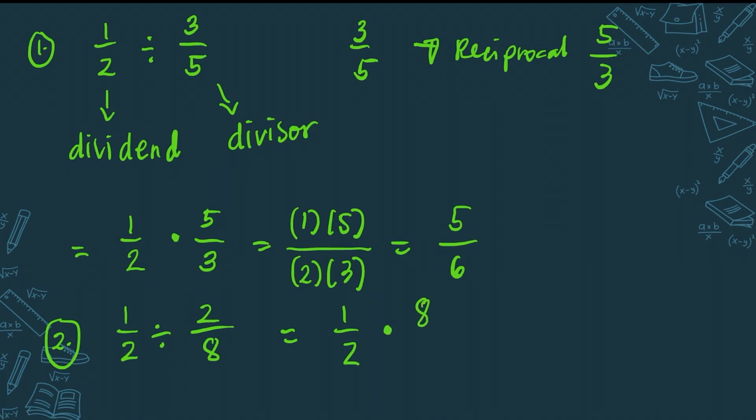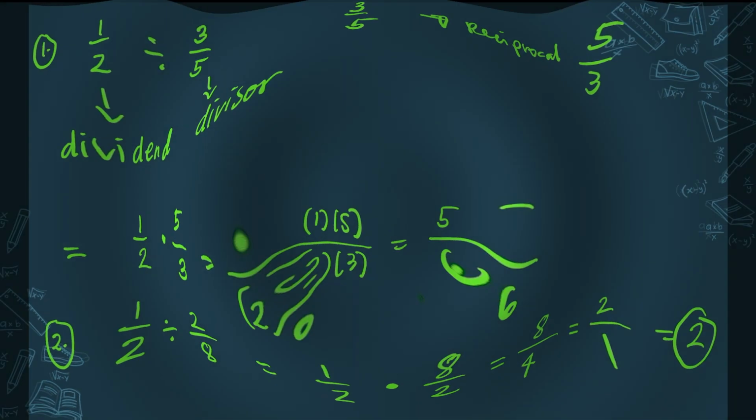So you have 8/2. Proceed to the rules of multiplication. So you have 1 times 8 is just 8, and 2 times 2 is 4. Notice that 8/4 can still be reduced to lowest term, and its lowest term is 2/1, which is just 2. So our final answer is 2.